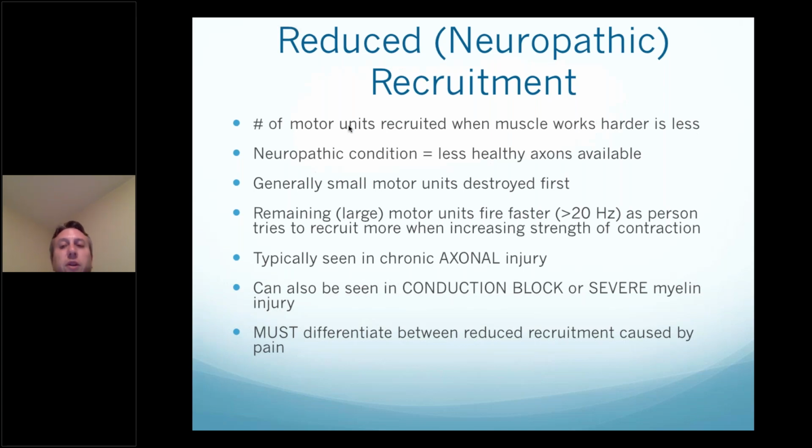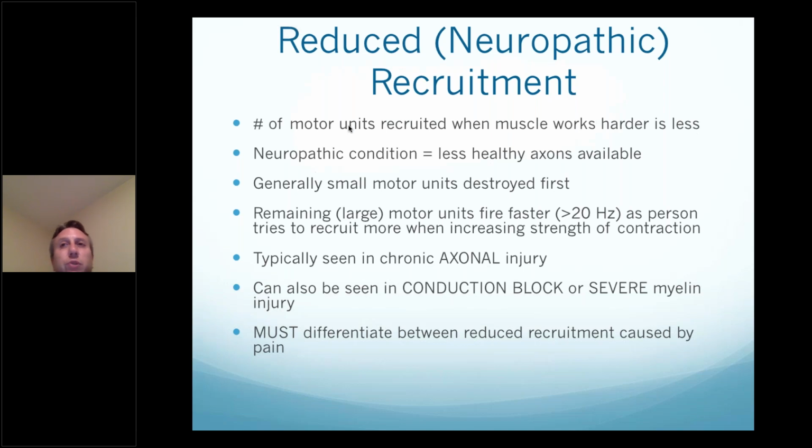If the person's in pain, or if they don't want to contract the muscle because they're in pain, you'll see an overall lesser number of motor units.